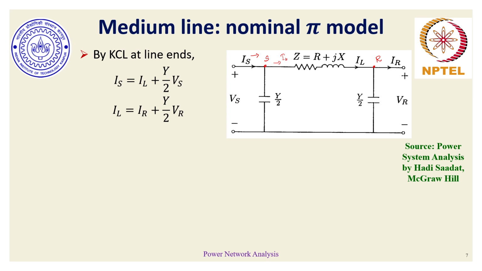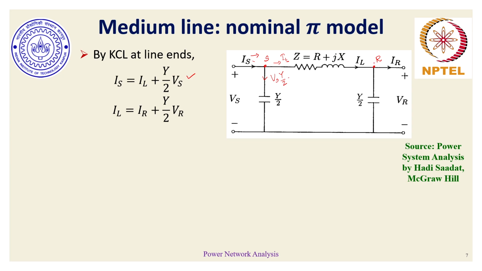And since a capacitance is assumed to be present, as a lumped representation, along the source voltage Vs, there would also exist a current equal to Vs Y by 2. So if we apply KCL, we have our first equation: the sending end current is equal to the outgoing current IL plus Vs Y by 2.